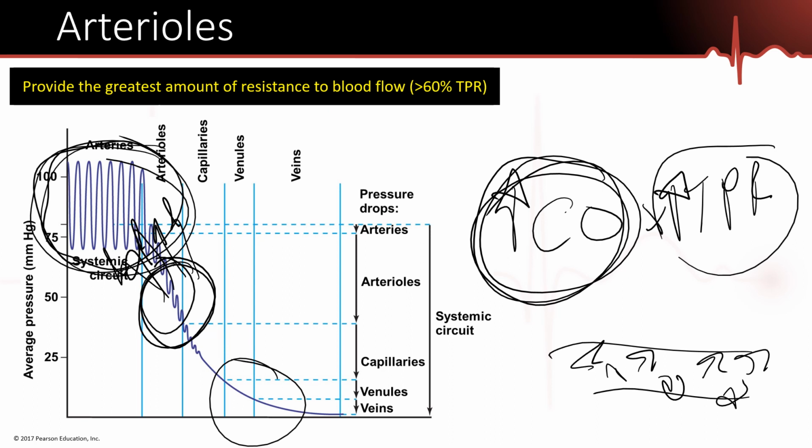And what's decreasing blood flow is that big increase in resistance that you're experiencing, that big increase in total peripheral resistance within, again, mostly the arterioles, is actually decreasing the flow of blood. Like, that's not what you want.